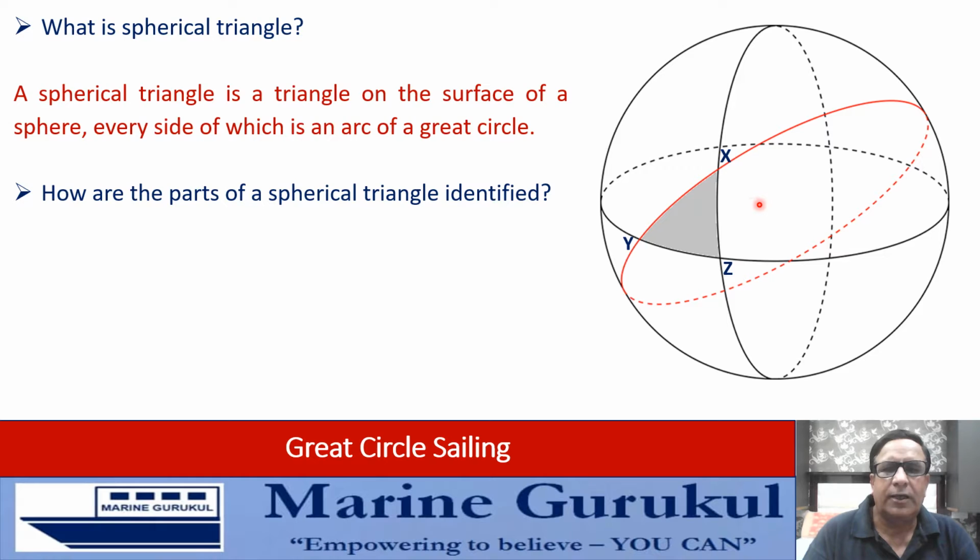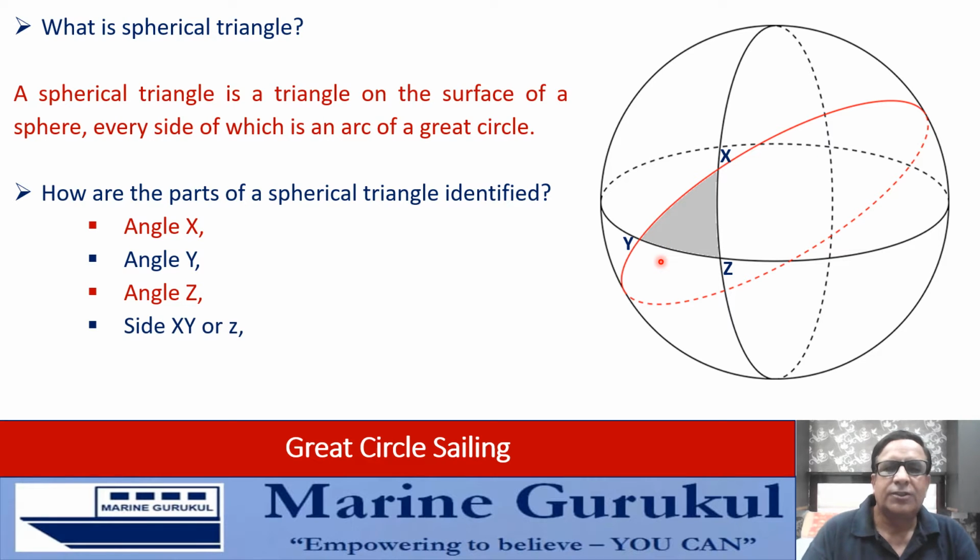Now the spherical triangle also has 3 sides. These 3 sides are the sides opposite to the angles. Sides are either named like XY, YZ, and ZX, or they are represented by the same alphabet in lowercase as the one used for the opposite angle.